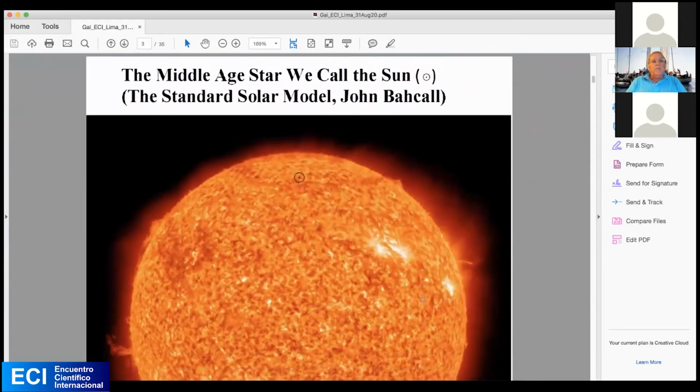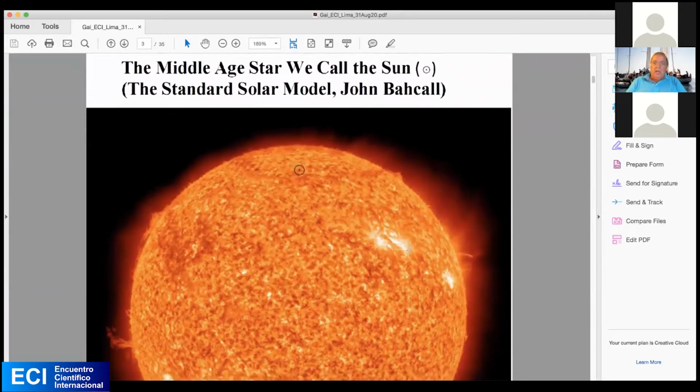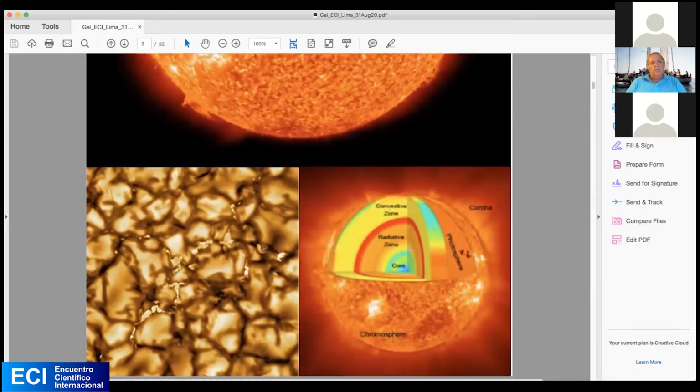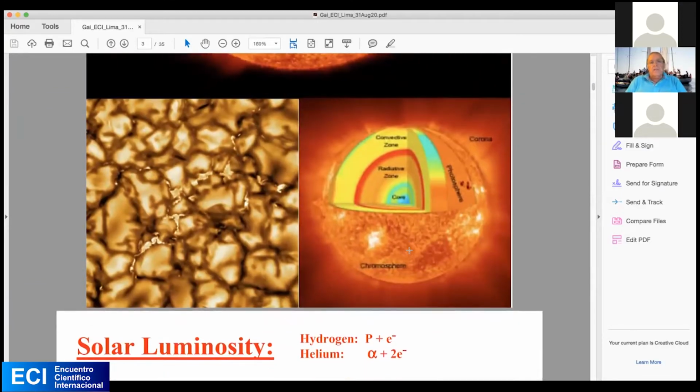I will start by studying a middle-aged star, what we call the sun, and with the standard solar model that allows us to study some fundamental interaction. We understand the sun in very great detail at this time.